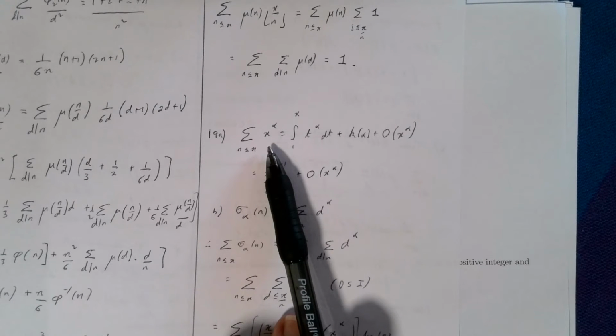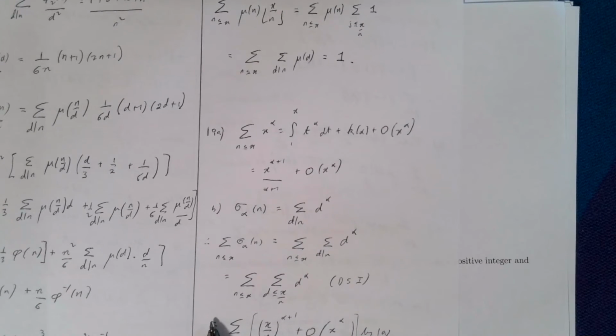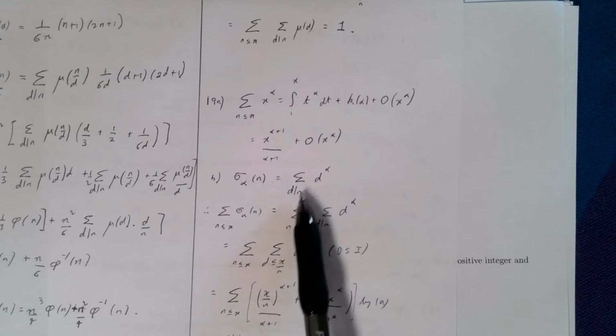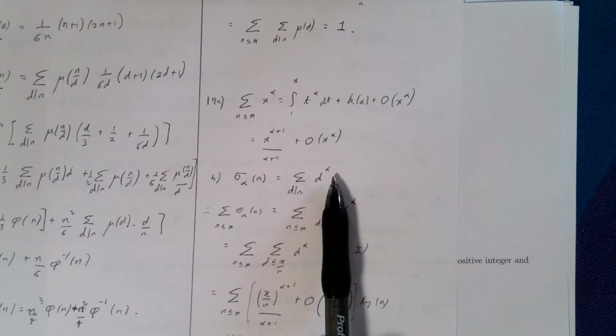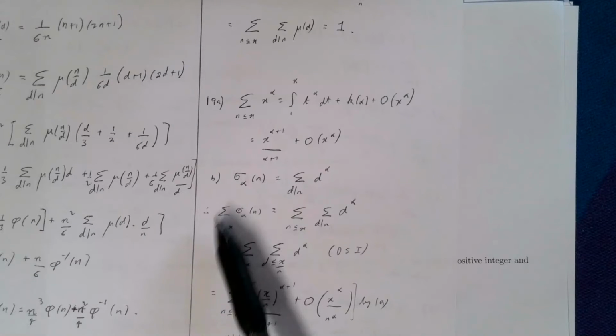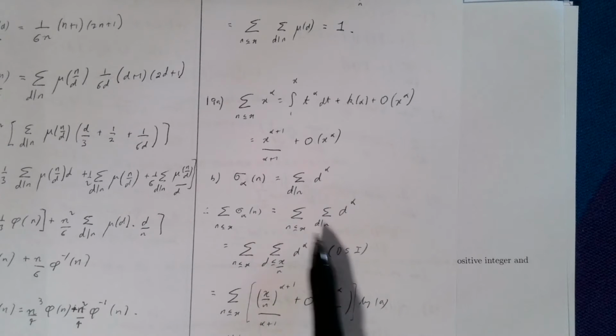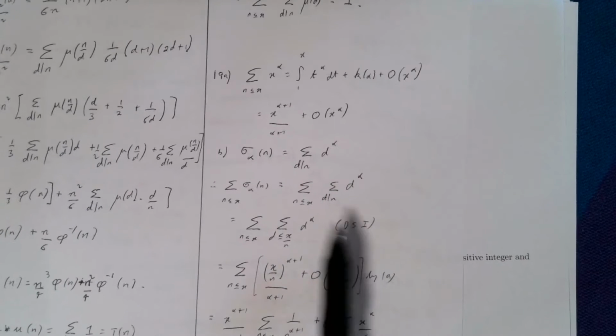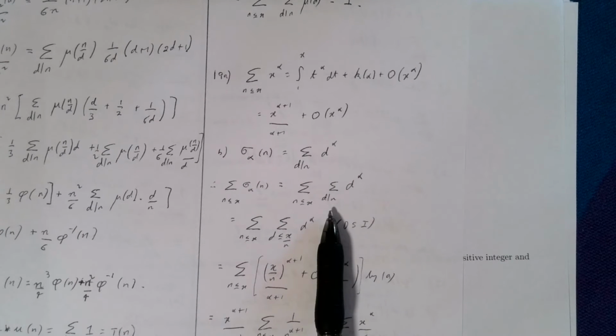For sigma alpha of n, which is defined to be the sum over the divisors of n of the alpha power of the divisor, then if we want the sum of that, we get another double sum. And now I'm just going to use the first divisor to sum identity, and I can rewrite this combination here in this form.